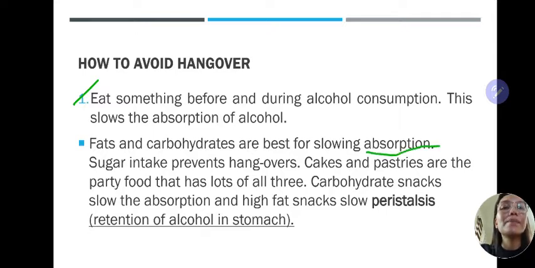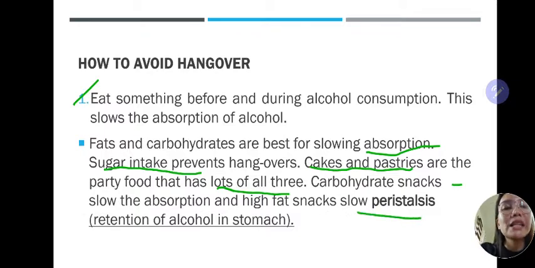So, yung sugar intake naman, it prevents hangovers. So, kailangan ito yung mga kainin natin. Cakes and pastries are the party food that has lots of all three. So, carbohydrate snacks slow the absorption and high-fat snacks slow peristalsis or the alcohol retention in the stomach.